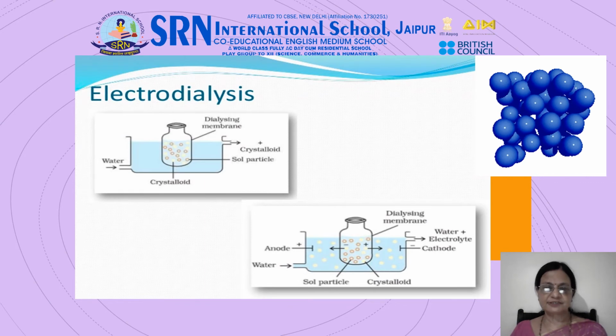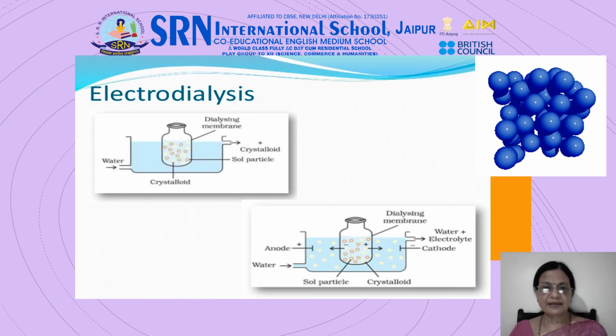Purification of colloids is done by the process of dialysis and electrodialysis. Dialysis is a process of removing the dissolved substance from colloidal solution by means of diffusion through a suitable membrane. The apparatus used is termed a dialyzer.